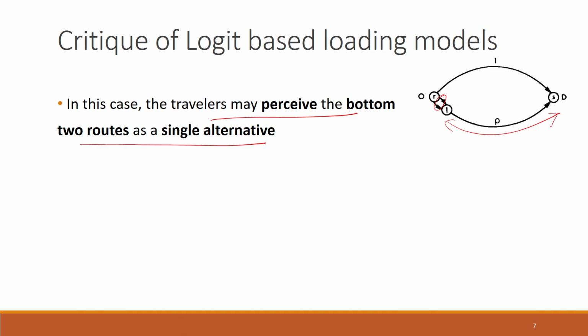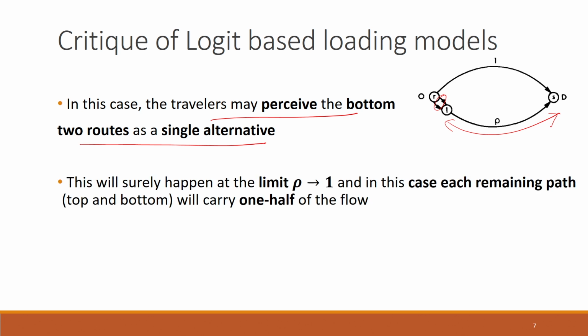So people who start to travel from origin R might think that they are the same paths. And that is not a wrong assumption to make, right? And this will surely be the case when the limit rho goes to 1.